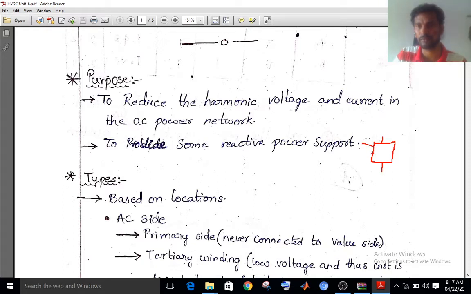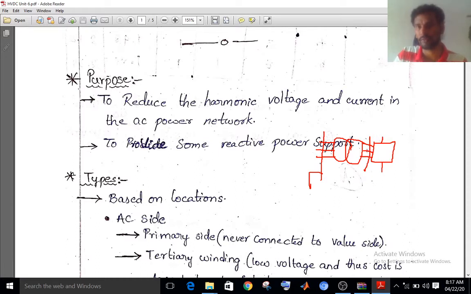So there are three phases and the transformer. We will connect the filter here rather than connecting here.